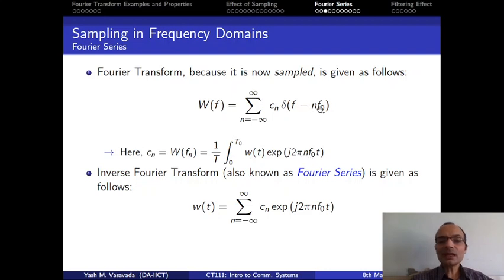Furthermore, we need to compute it only over the fundamental period. The integration limit goes from 0 to T0, or it can be minus T0 by 2 up to plus T0 by 2, but it doesn't have to go beyond the fundamental period of T0.